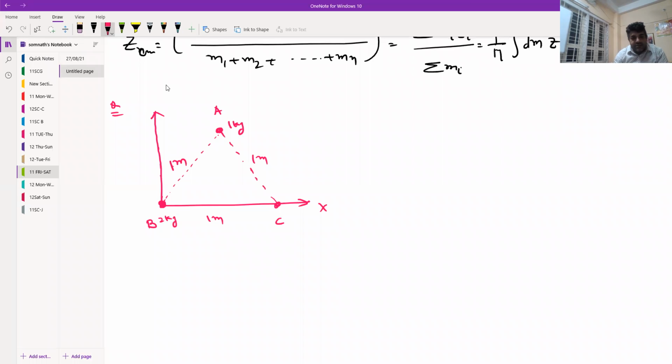Here the mass is 3 kg. Now the question is find the center of mass of the system.